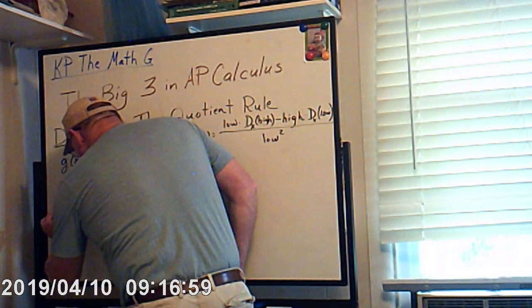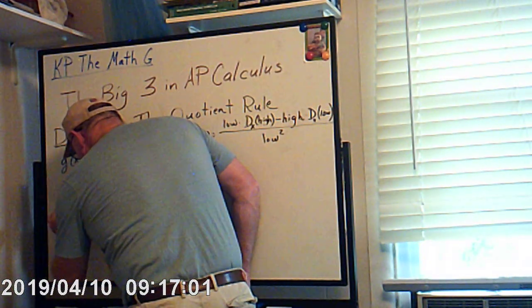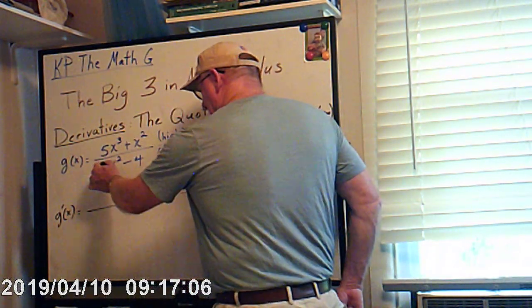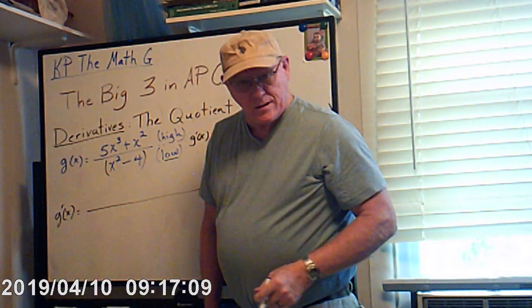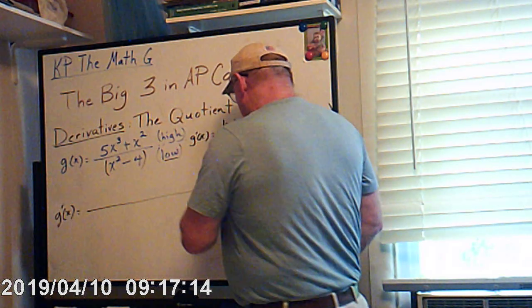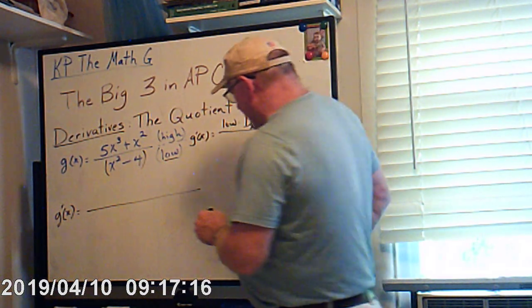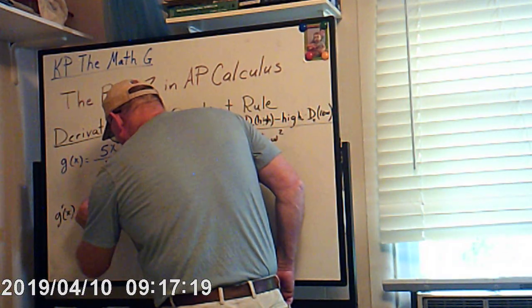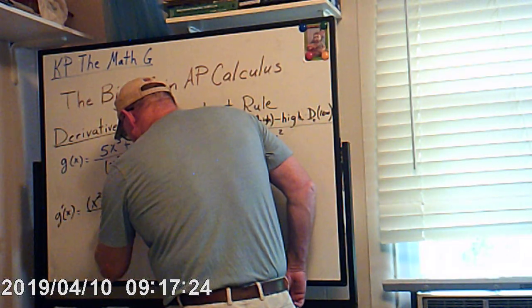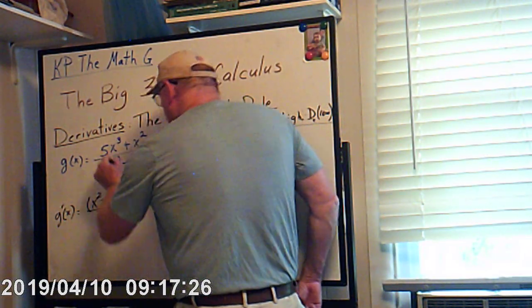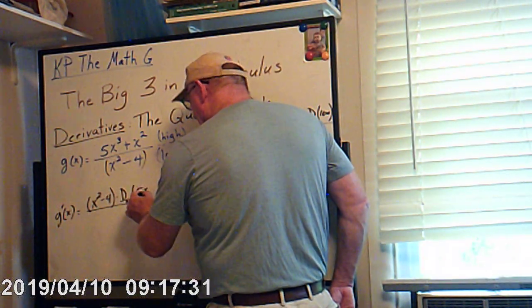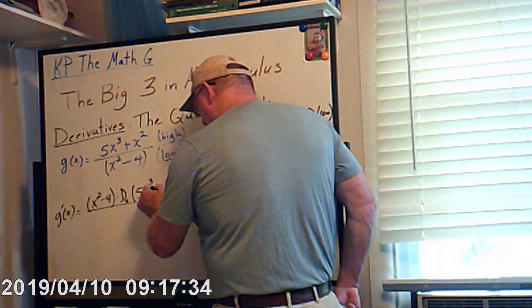g prime of x, I'm going to put it down here. Now, that equals low, here's your low right here, x squared minus 4. You're going to put it up here in the numerator. See that? The low is in the numerator, so put it up there. Low times the derivative of the high, which is the high, 5x cubed plus x squared.